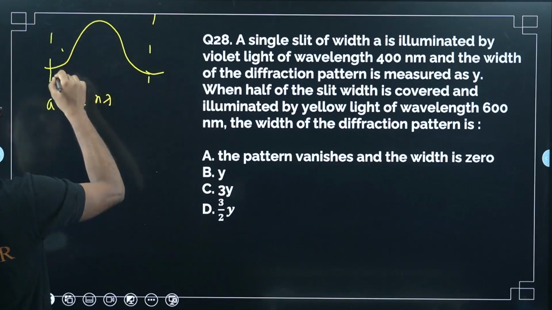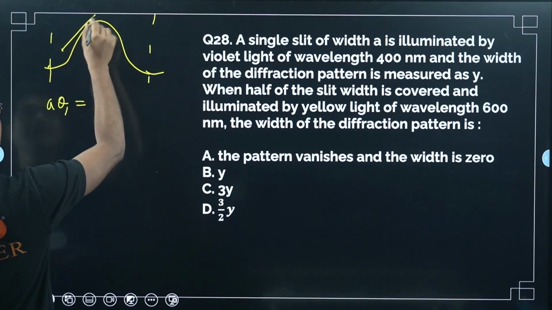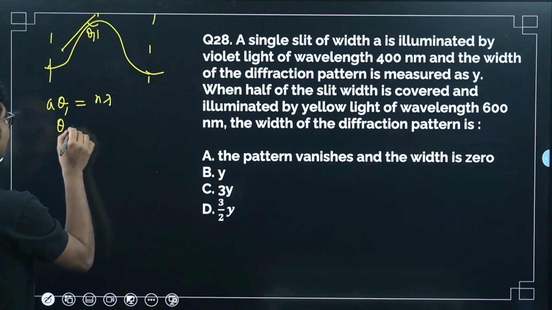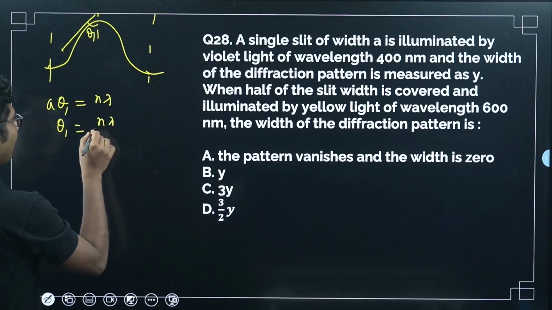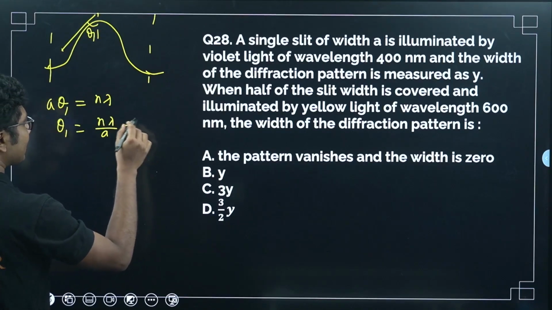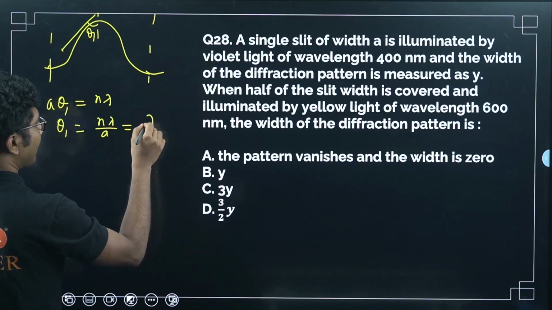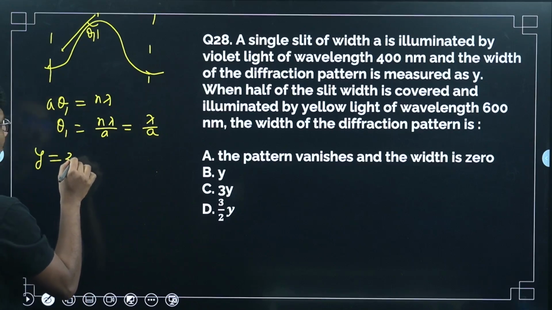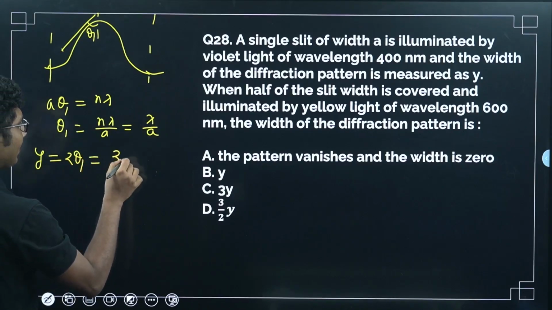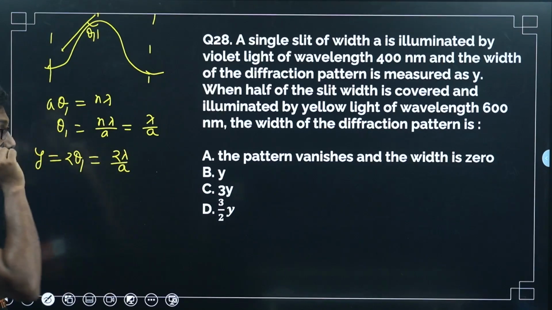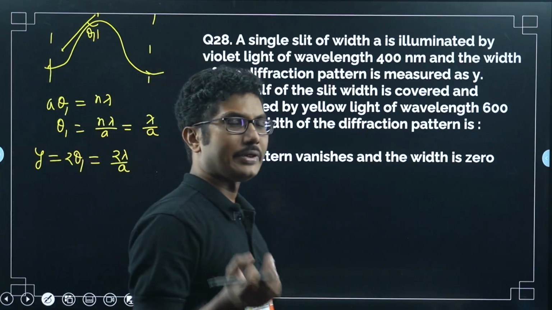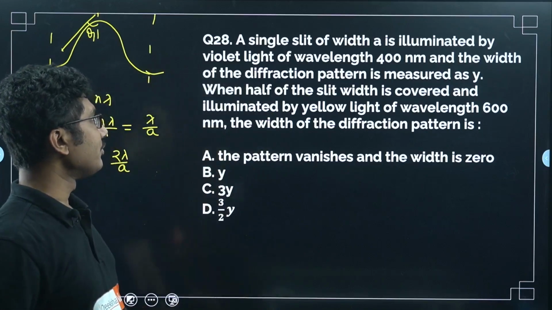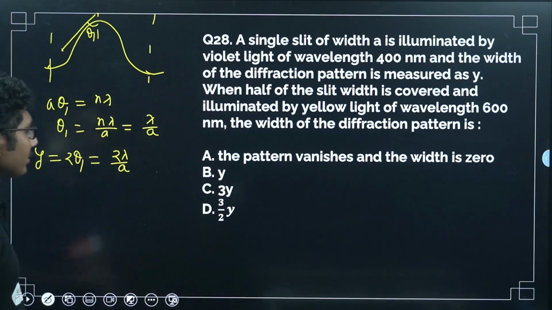So this was the theta 1 angle, and theta 1 is n lambda by A. For the first order minimum, it will be lambda by A, and then we said the width is given by 2 theta 1, that is 2 lambda by A. This was the angular width. Angular width and linear width are proportional, so even if you consider angular width, your answer will not change.